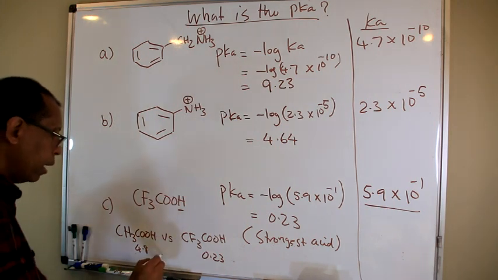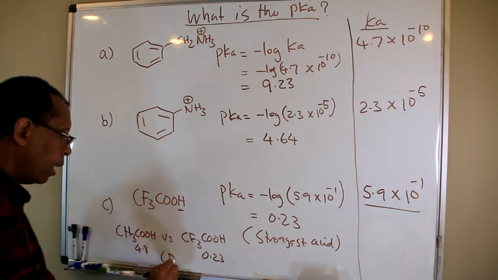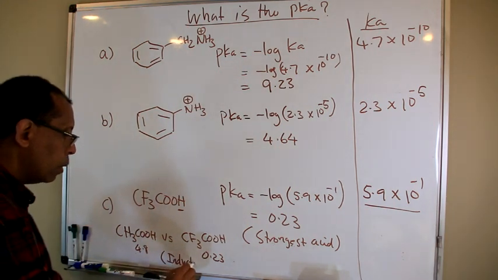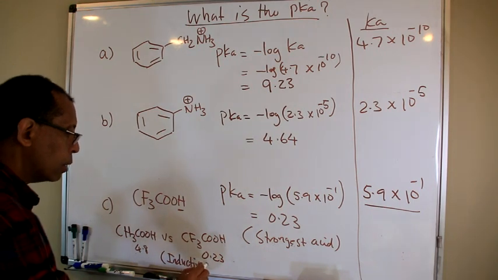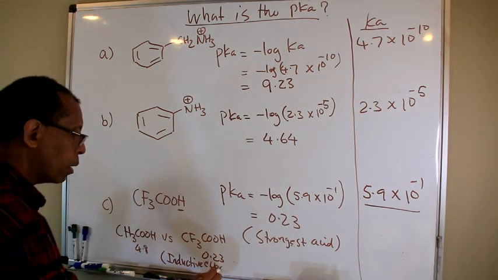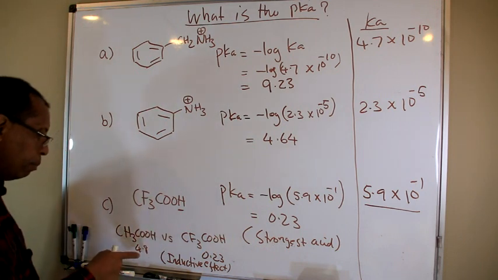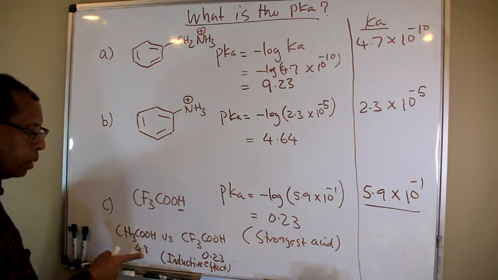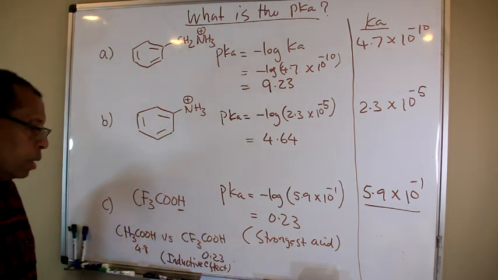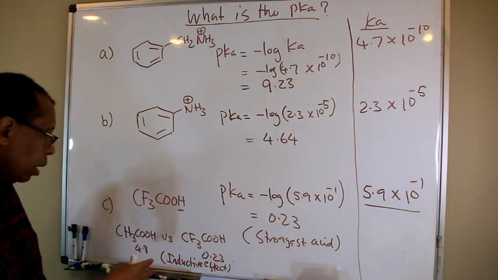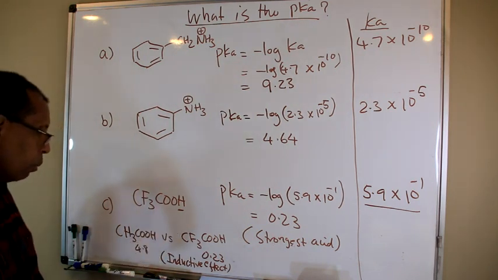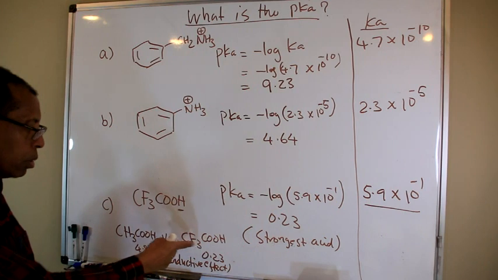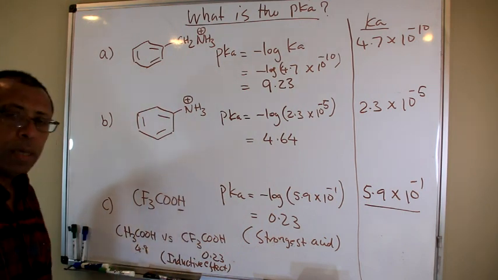So this is the inductive effect. That is why trifluoroacetic acid is a much stronger acid. 4.8 versus 0.23. That is significant, almost 20 times stronger acid than acetic acid.